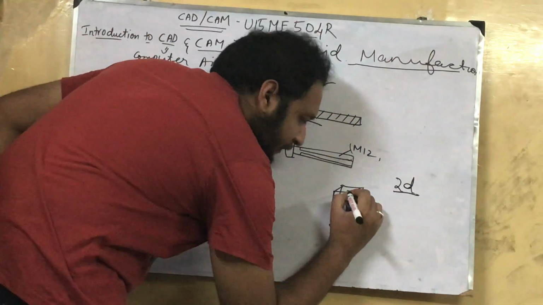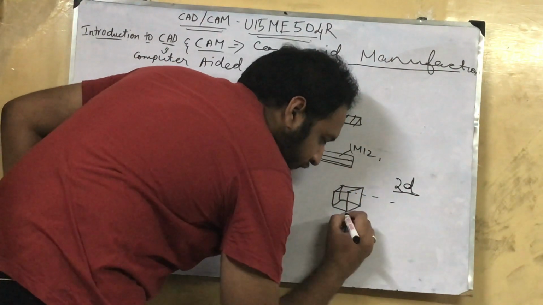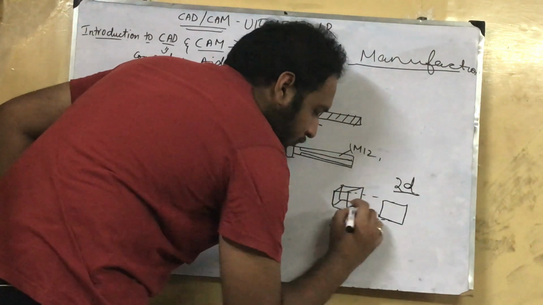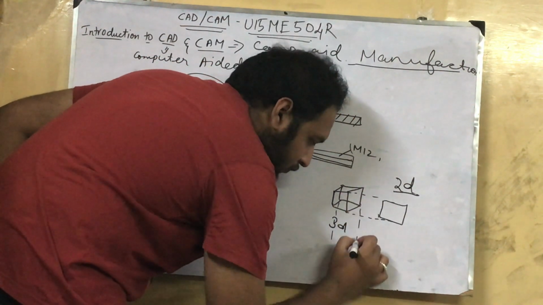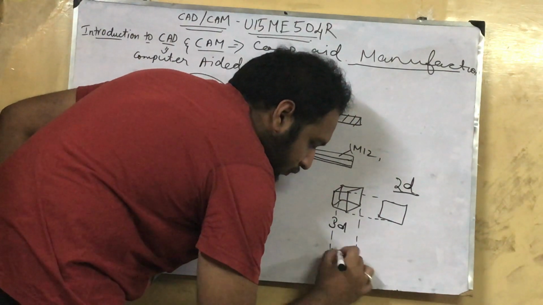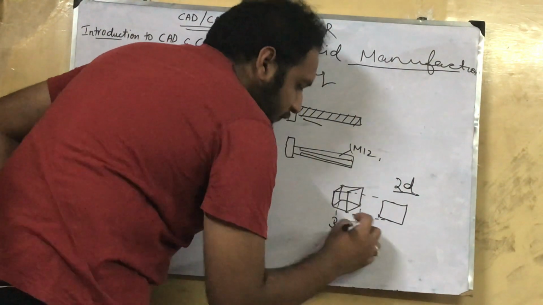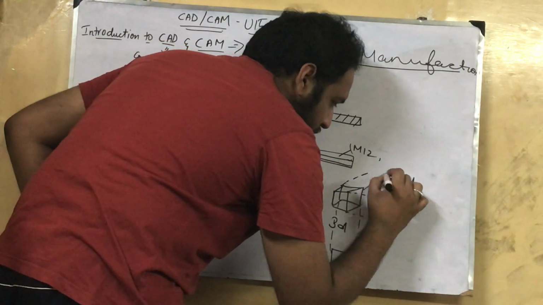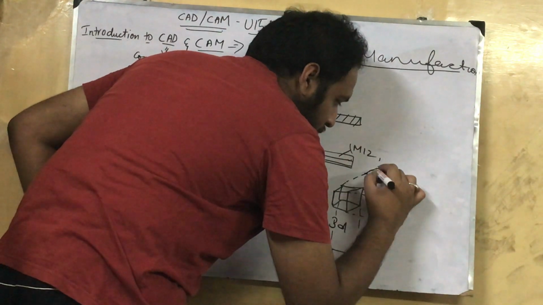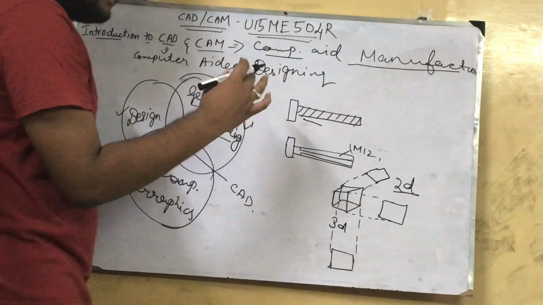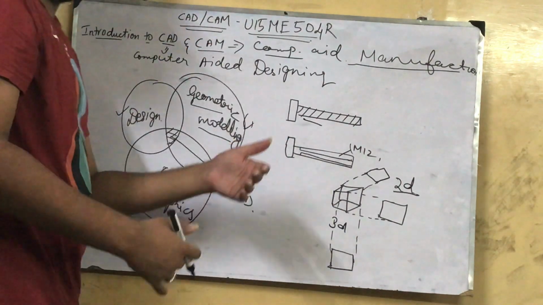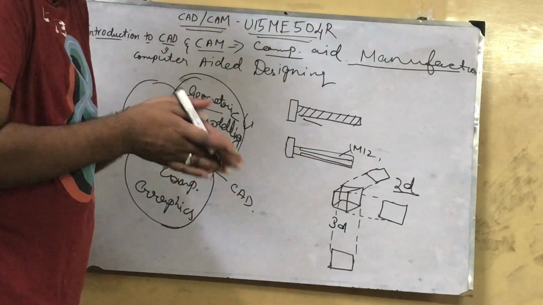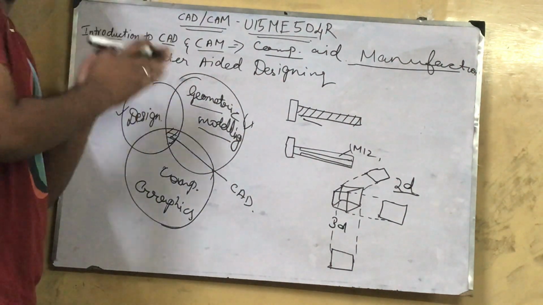In that case I can start with the front view, then the top view, and then the side view, such that it represents in 2D. The similar drawings in 3D and 2D together are what we call the design layout.